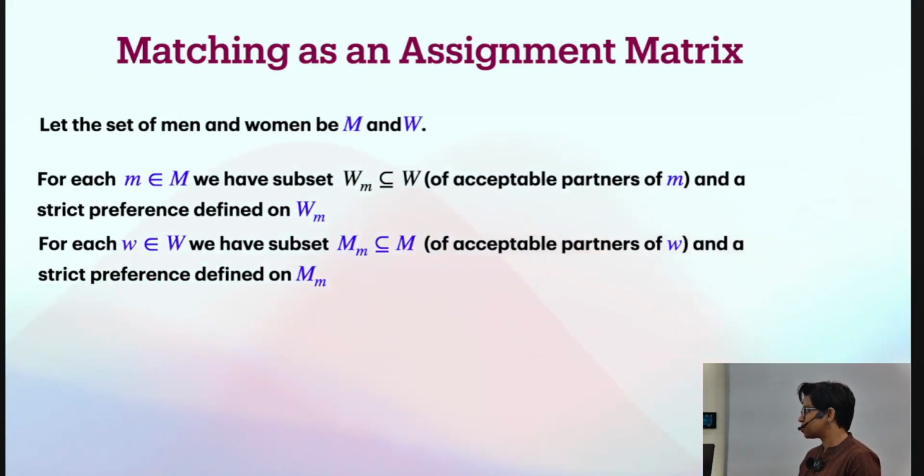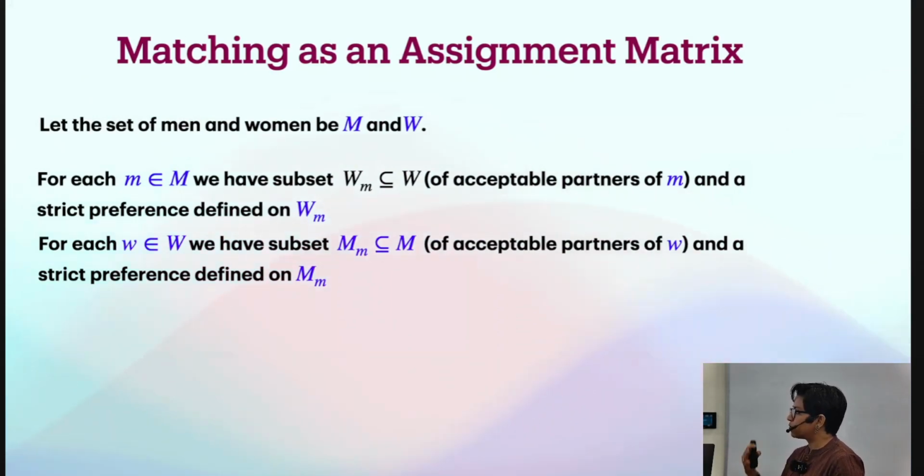Think in terms of jobs and workers also. Usually jobs don't have preferences, but you can think in those terms as well. Each man has a subset of agents on the other side, in this case women, that he finds acceptable, and he has some preference over them.